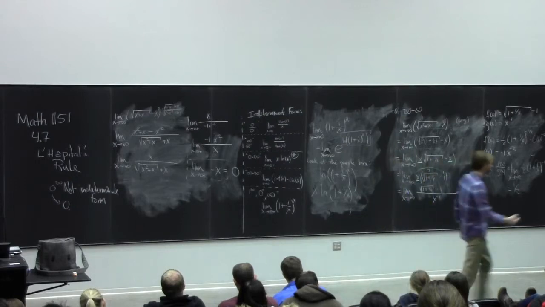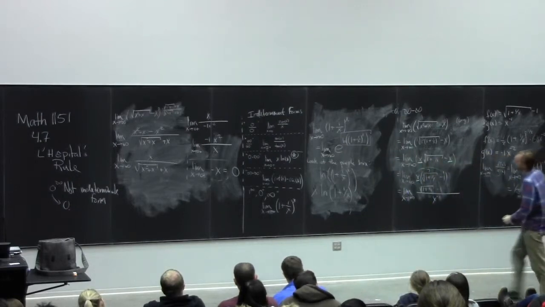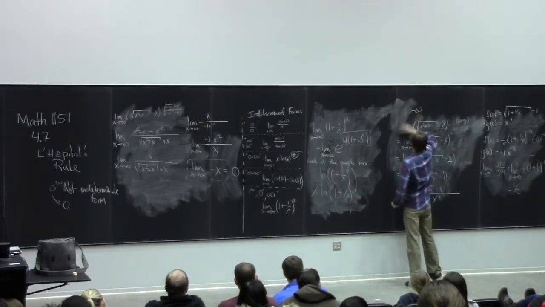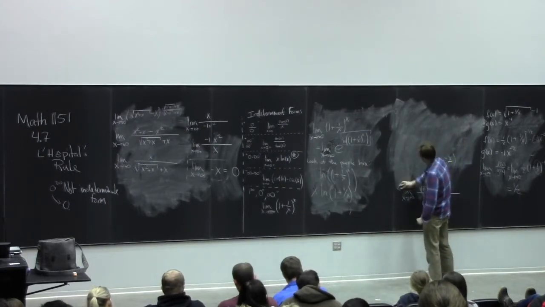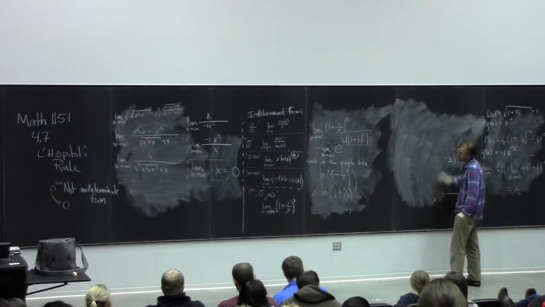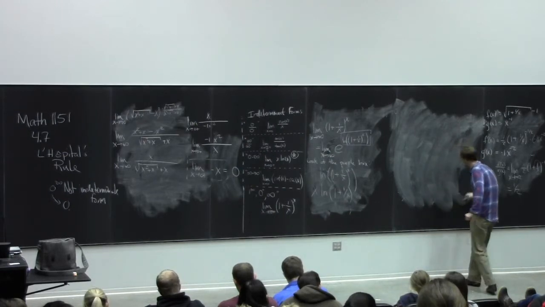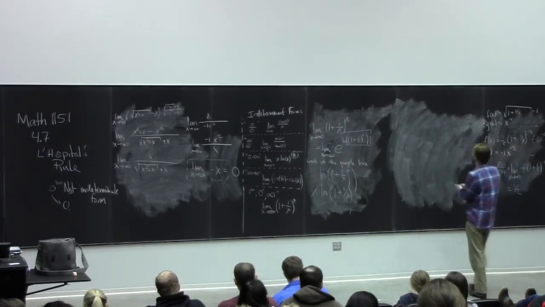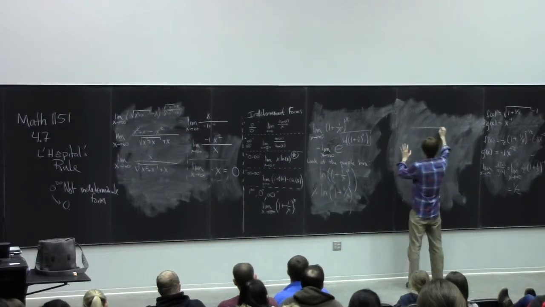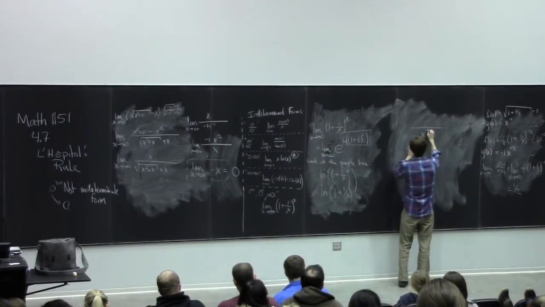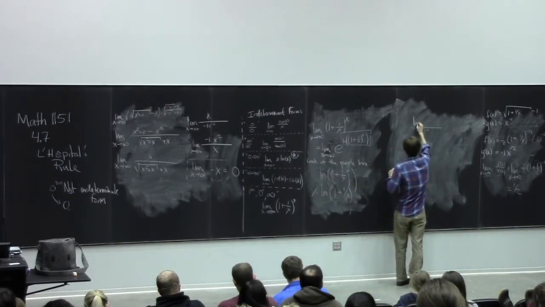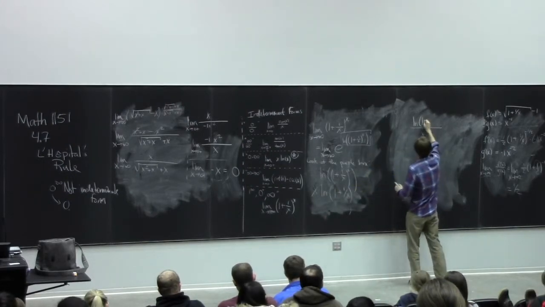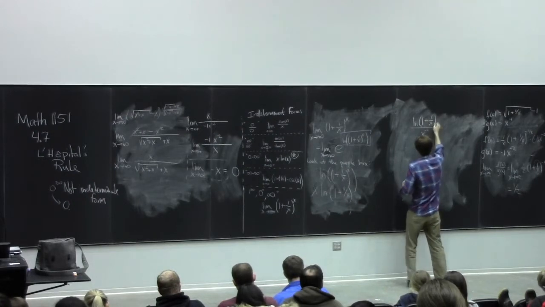So we write it as natural log of 1 plus 1 over x, over x to the minus 1.